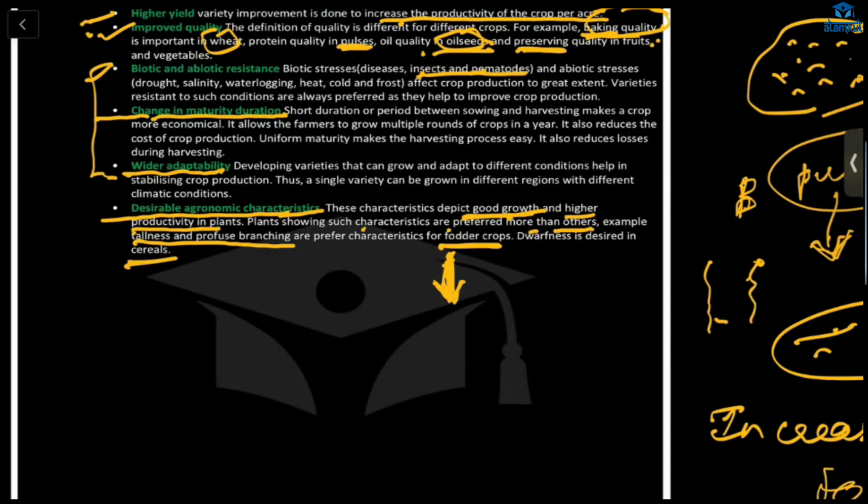And for cereals, dwarfness, the shortness of the cereal, is preferred. So the cereals which are short are selected. And for fodder crops, if they are tall and have many branches, then they are selected.